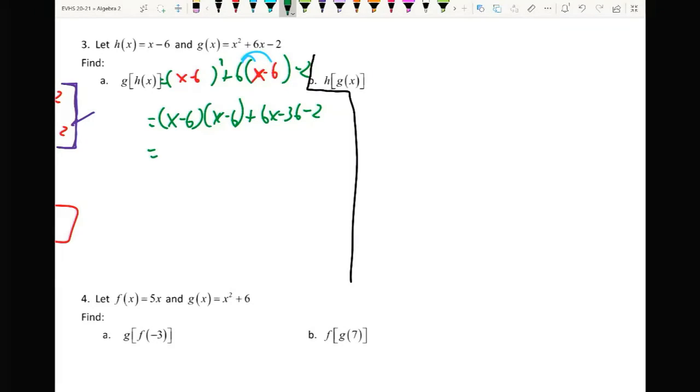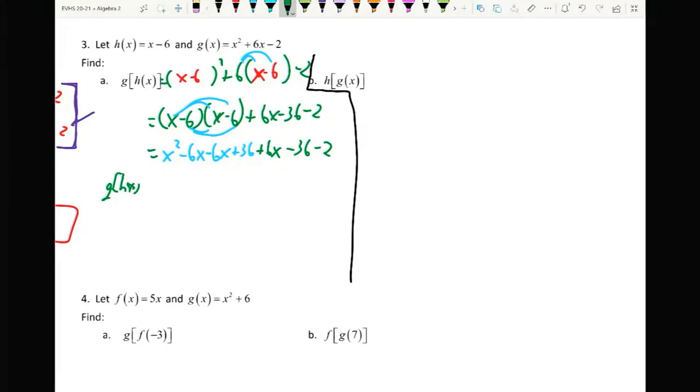Now we need to distribute out the x and the 6. That's going to give me x squared minus 6x minus 6x plus 36. And then the rest of this drops down, plus 6x minus 36 minus 2. So this is going to be my last one.